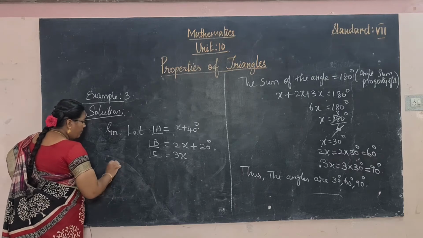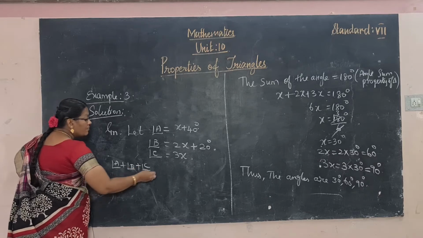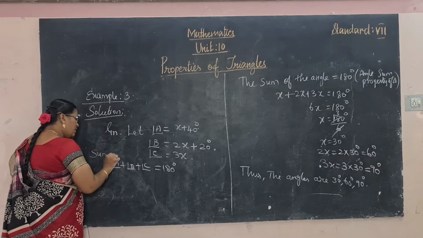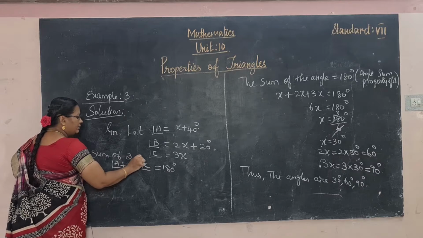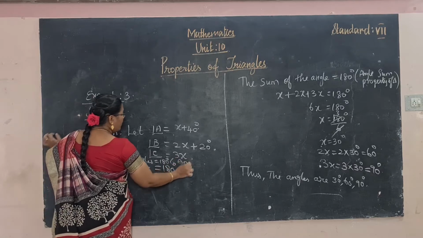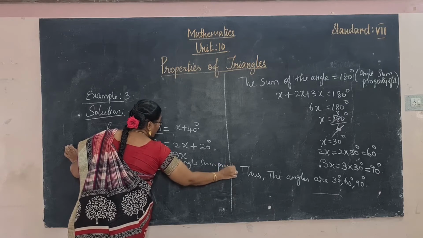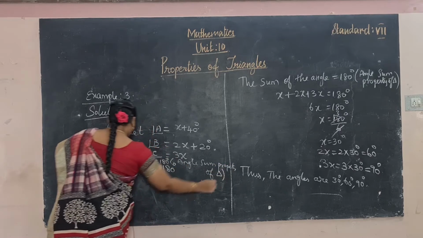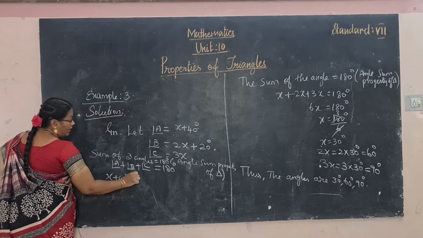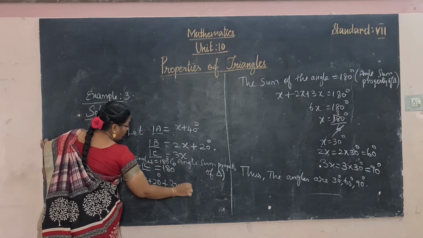So angle A plus angle B plus angle C: x plus 40 degrees plus 2x plus 20 plus 3x equals 180 degrees.